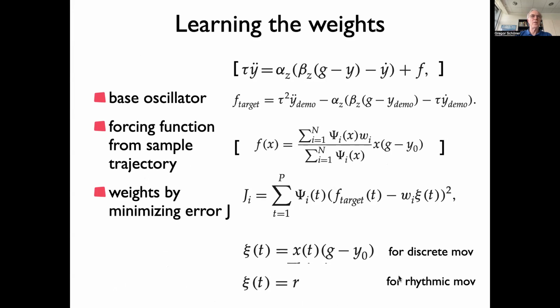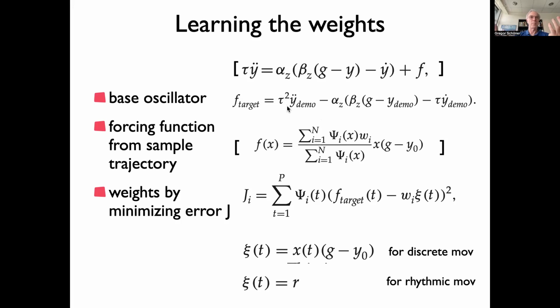So this mathematical form was really used because one can learn very easily the forcing functions, right? The base oscillator here can be reframed, putting the driving force here on the left and the acceleration on the right. And then here on the right, you only have terms that depend on these dynamical variables, here the y, and that is something that you would have data for from examples.